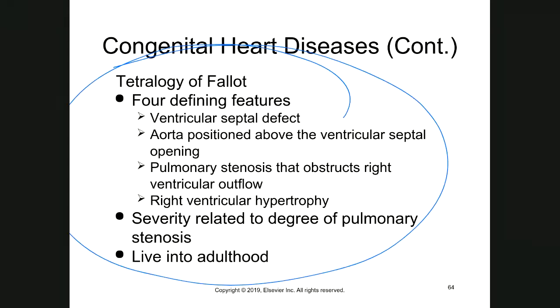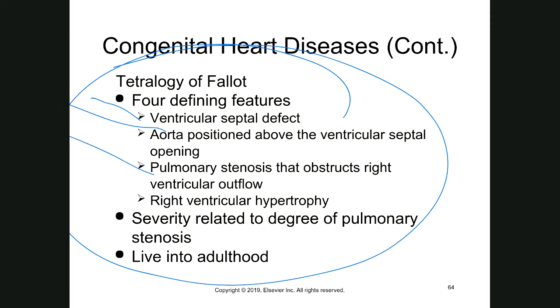The tetralogy of Fallot is an interesting feature because it's 4 deformities that the heart presents. A ventricular septal defect, meaning that the septum, basically the area that divides the ventricles, has a hole that communicates between each chamber. The aorta is in the wrong position, basically in the middle over both openings.